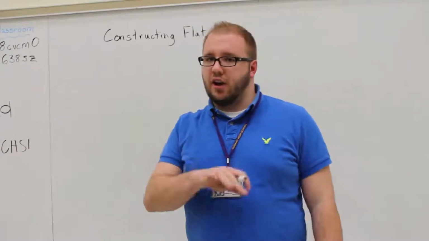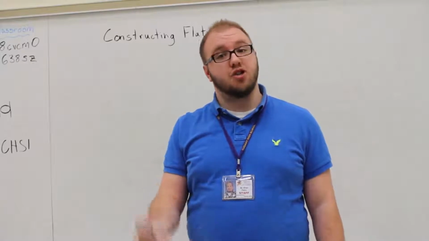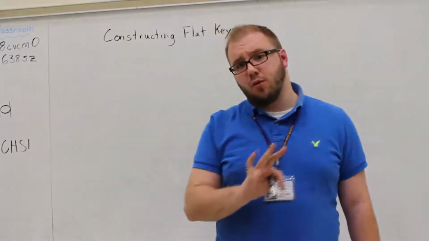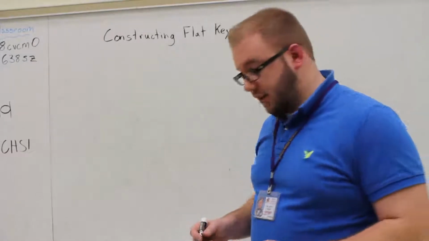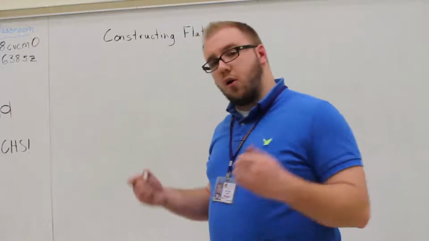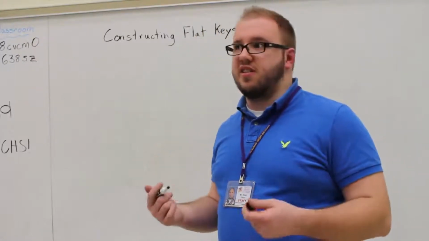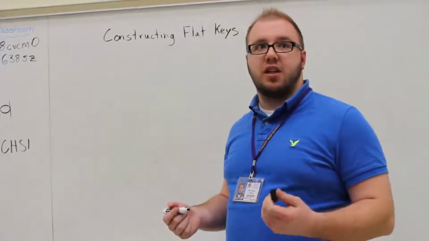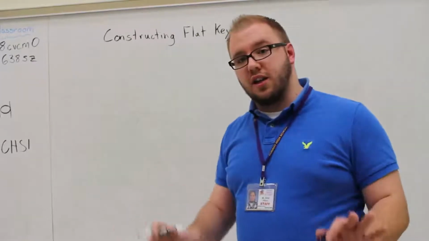We just looked at how to figure out flat key signatures. Now let's look at a different way, how to construct flat key signatures backwards. There are 3 rules when it comes to constructing flat key signatures. The first rule is you've got to pick a key. So let's pick A flat. We're going to construct the key signature of A flat.